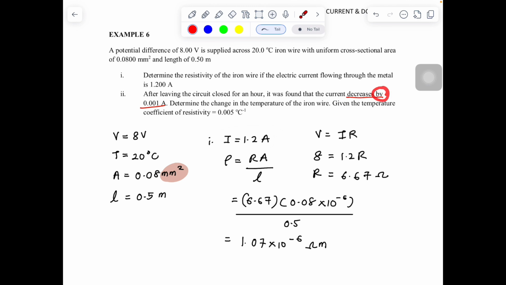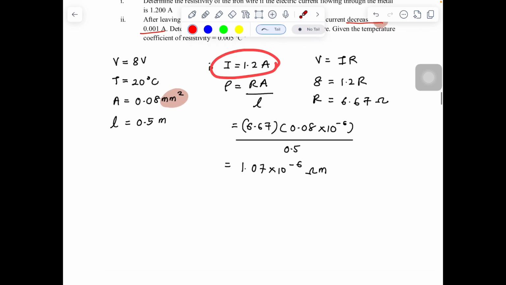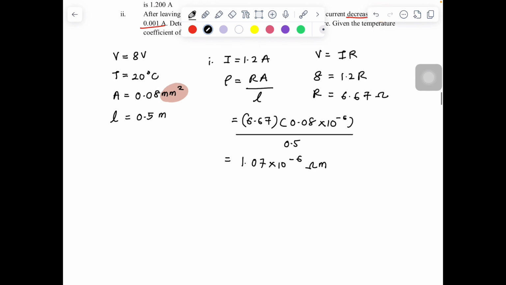Okay, so notice here dia gunakan perkataan by, okay, bukan to. Okay, dia membawa dua maksud yang berbeza. If it decrease to, maksud ini final kita. If it decrease by, kita perlu tolak. Okay, so final current kita adalah, let's list down first.